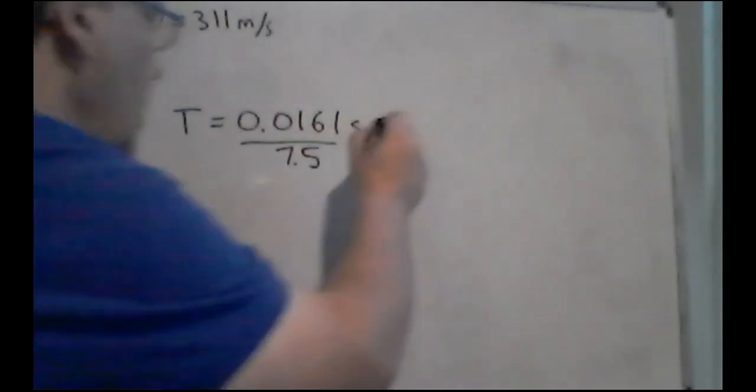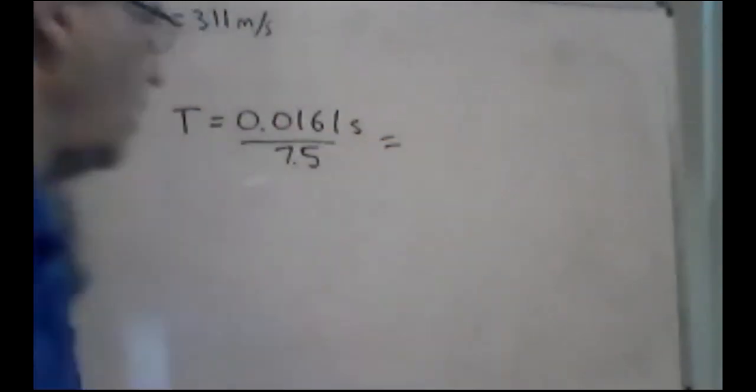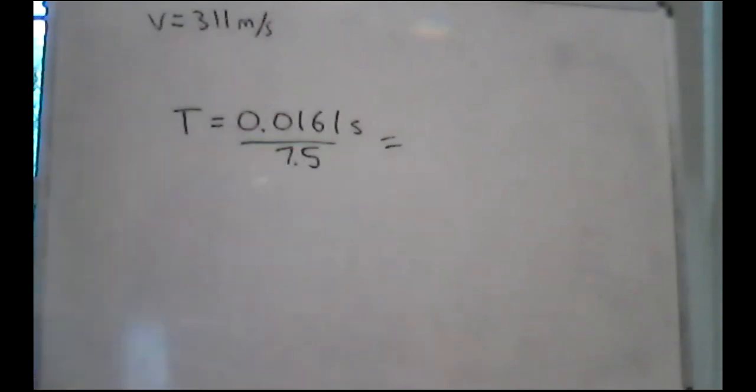So that's the time it took for about 7.5 cycles to travel. Well, how much time would it take for one cycle? I divide by the 7.5 that I saw, and I get a period. For all the advanced math we've been doing in this class, this is the Mickey Mouse math. So 0.0161 divided by 7.5. I'd say the period's 2.15 times 10 to the negative 3.